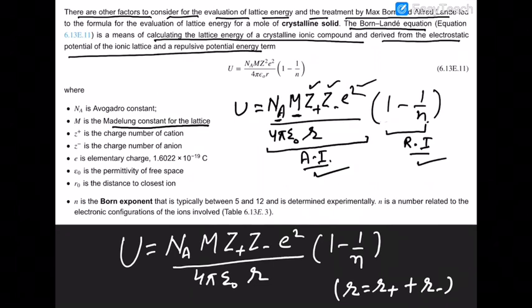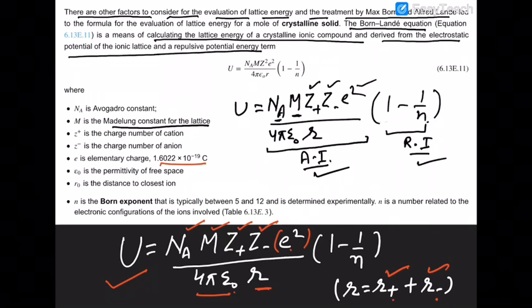I am repeating once more. The Born-Lande equation: lattice enthalpy U is Avogadro number into Madelung constant into charge on cation into charge on anion into e square, that is 1.6 into 10 power minus 19 coulomb, divided by 4 pi epsilon naught into R. R is the distance between the cation and anion, the radius of cation plus the radius of anion.